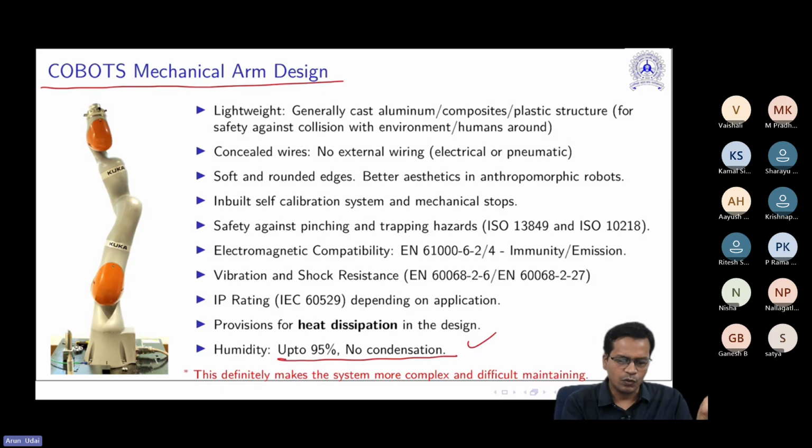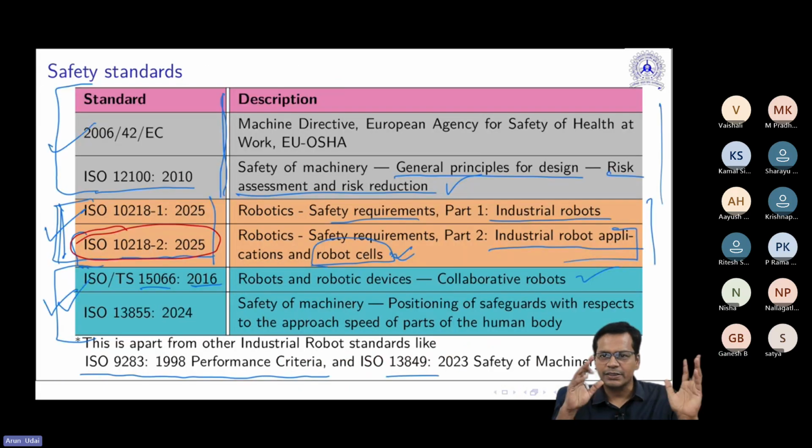It has to follow various industrial standards, as I have discussed. If it is not following those standards, they are not actually cobots. So all these standards it should follow. Getting these standard certifications also adds to the cost of these robots.